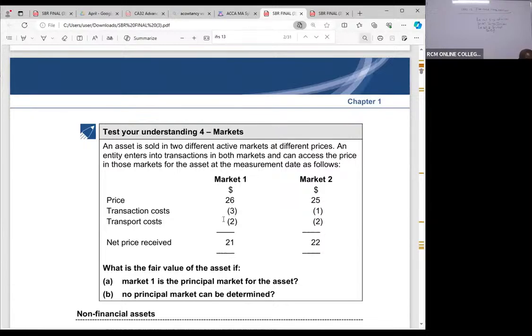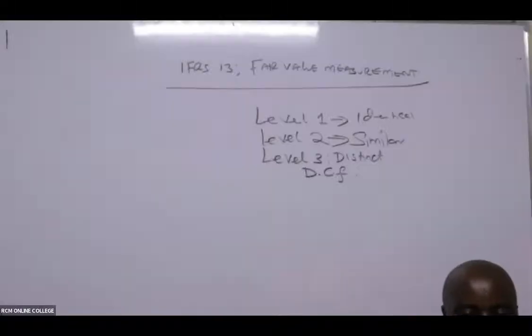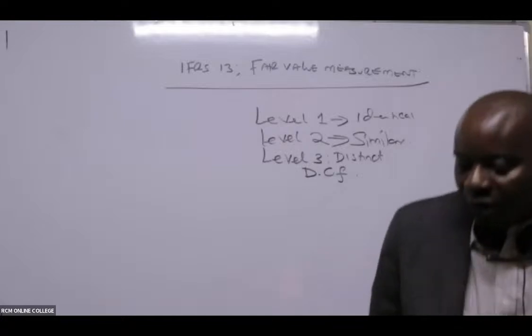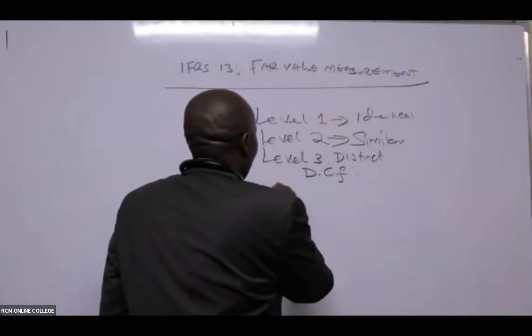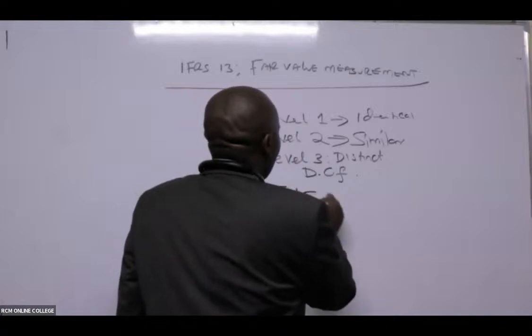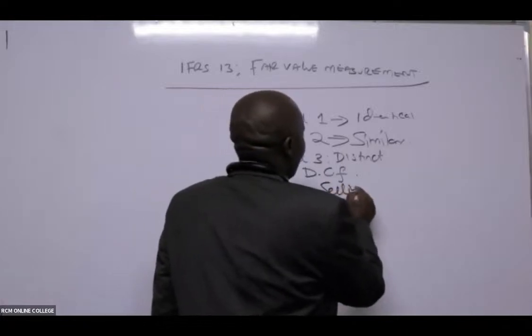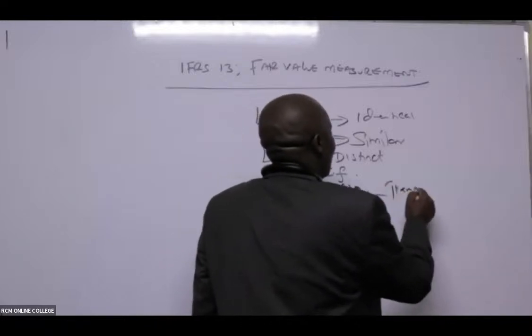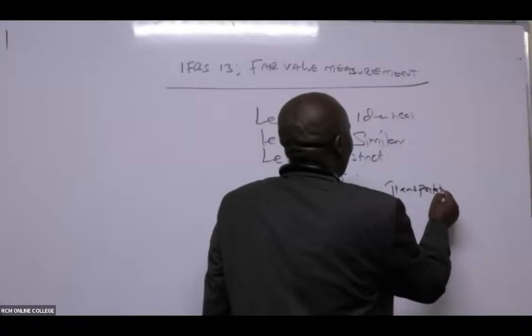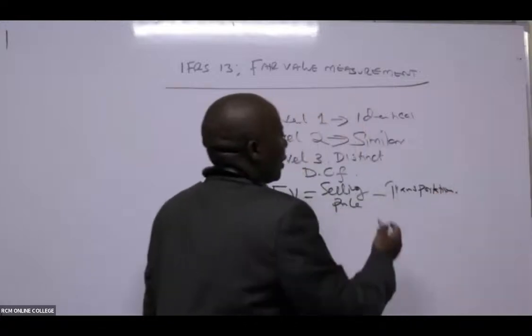So if market 1 is our principal market, the only market we have at the moment, to get this fair value I'll simply take the selling price minus transportation cost.